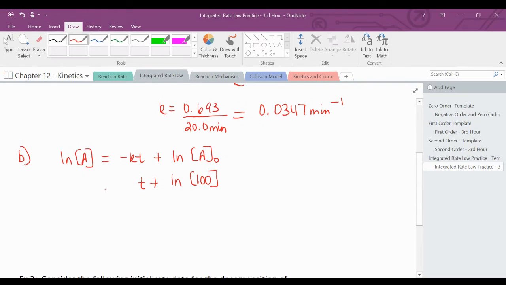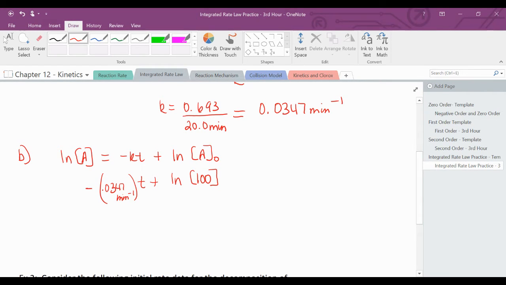K we just found, so that's my 0.0347 minutes to the negative first. Okay, and then this is negative. And this is equal to the natural log. Now, if it's 75% complete, what goes in this concentration of A is how much is remaining. So if I've used up 75%, there's 25% remaining.